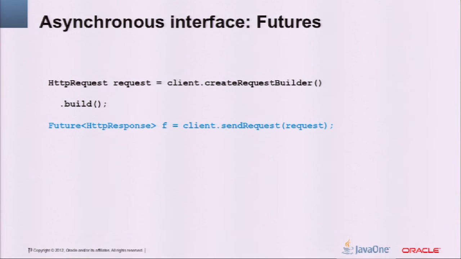So in situations where you don't set callback handlers, then you probably do want to use the future object as the way of keeping track of the response. In this example, we store the future object in a variable f, and then sometime later we're going to call f.get to get the actual response object itself.